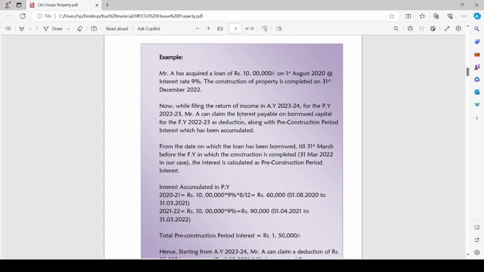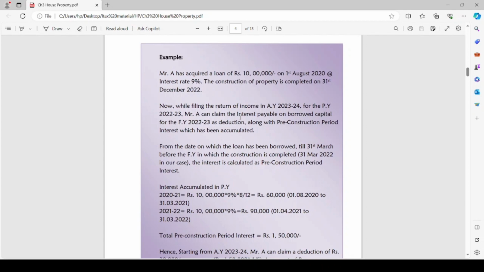Along with that, in the assessment year 2023-24, since the construction was already completed in the previous year, the assessee can also start claiming the pre-construction period interest, which has accumulated from the date of borrowing to 31st March of 2022.